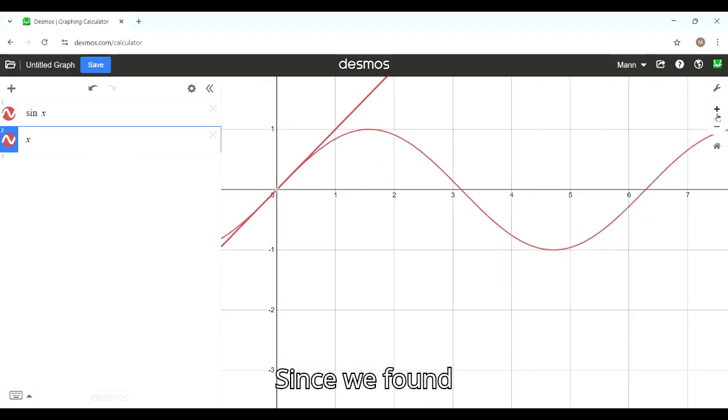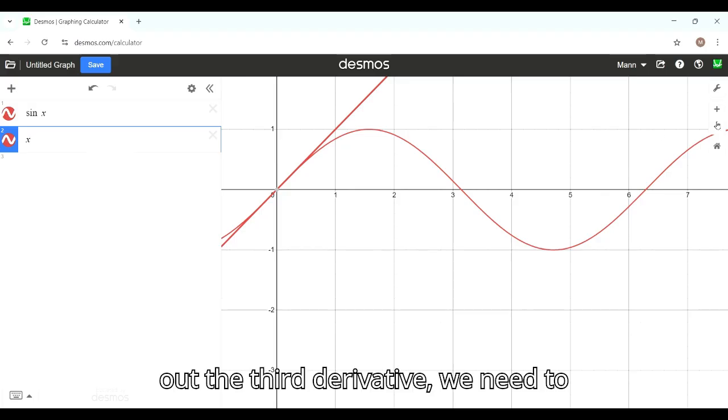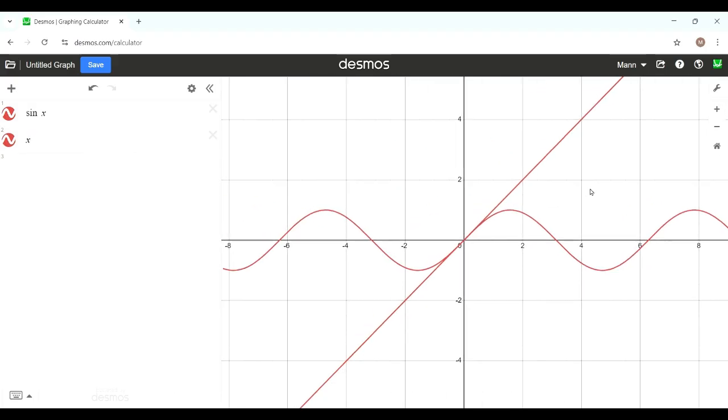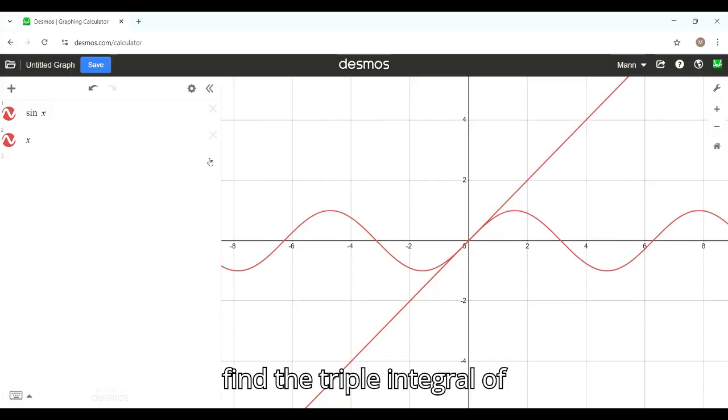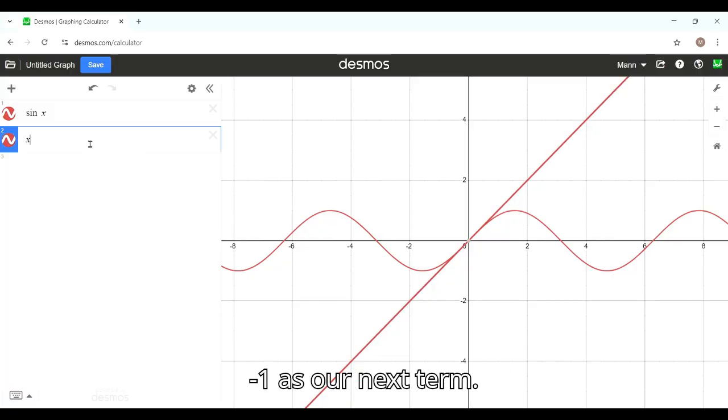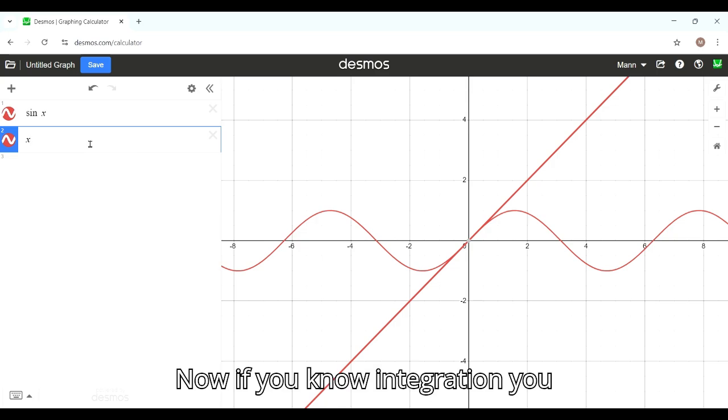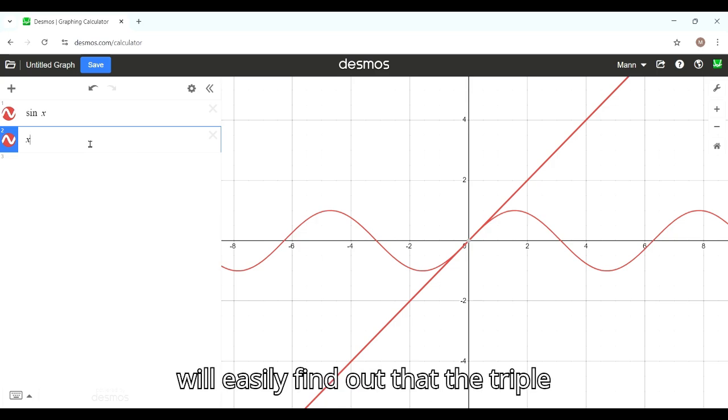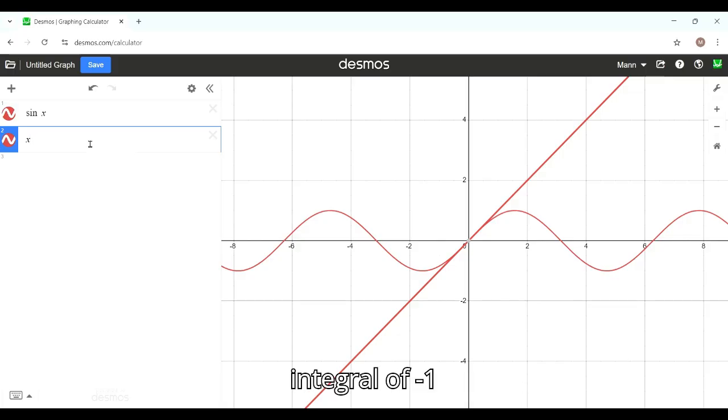Since we found the third derivative, we need to find the triple integral of minus 1 as our next term. Now, if you note integration, you will easily find that the triple integral of minus 1 is negative x cubed upon 6.